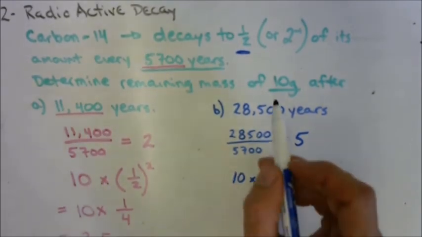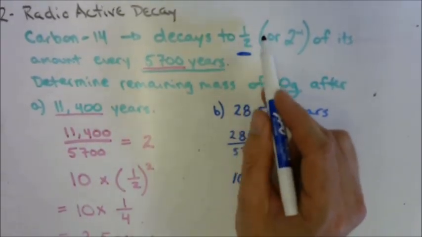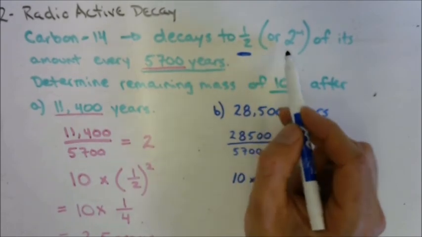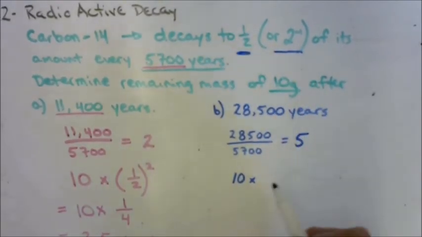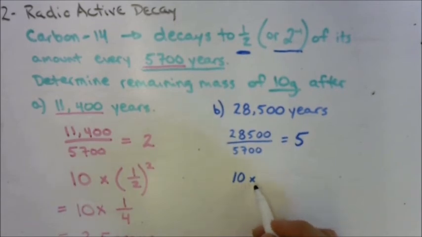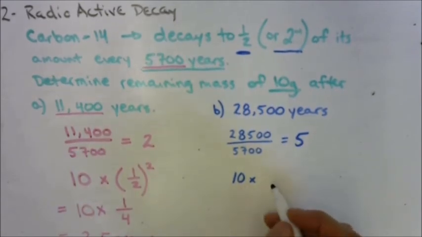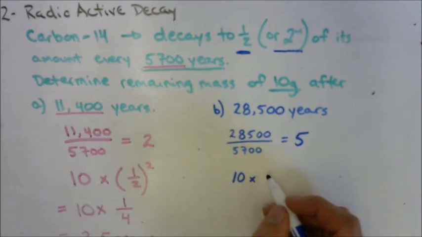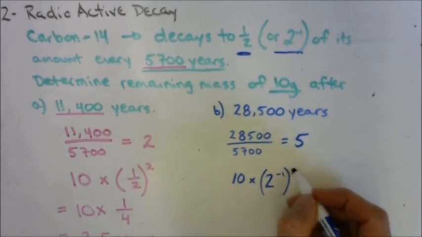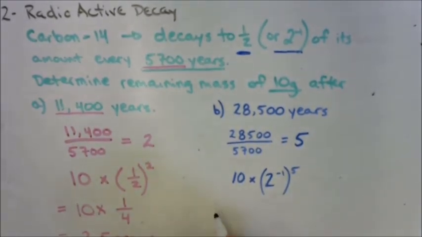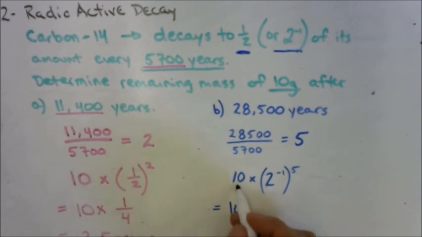Okay. This time, instead of using the fraction to express a half-life, I'm going to use 2 to the power of negative 1 to express the half-life. So don't be confused. Instead of doing 10 times 1/2 to the power of 5, I'm going to do 10 times 2 to the power of negative 1, to the power of 5. So we have our original amount.